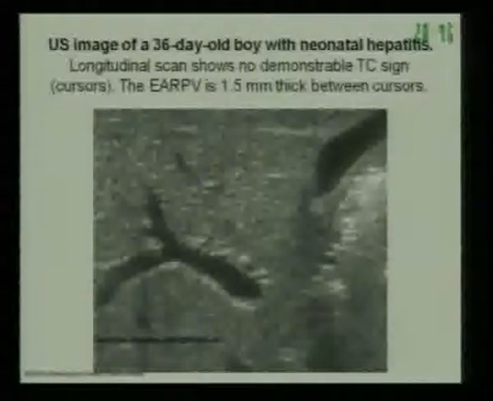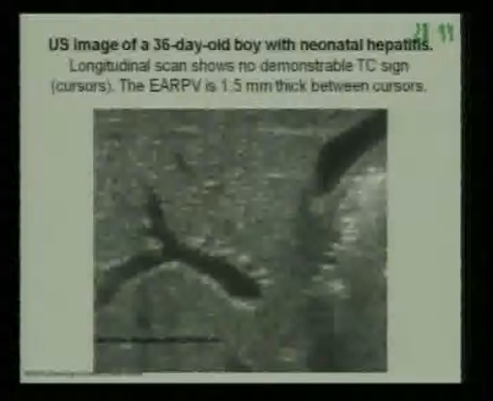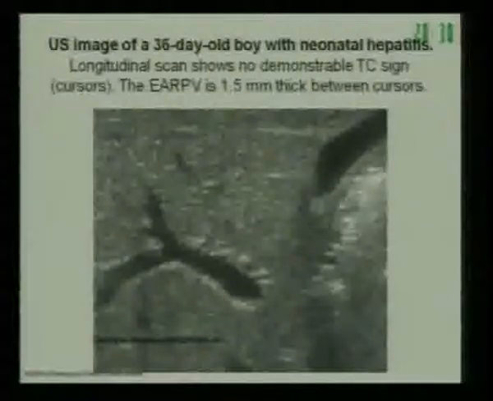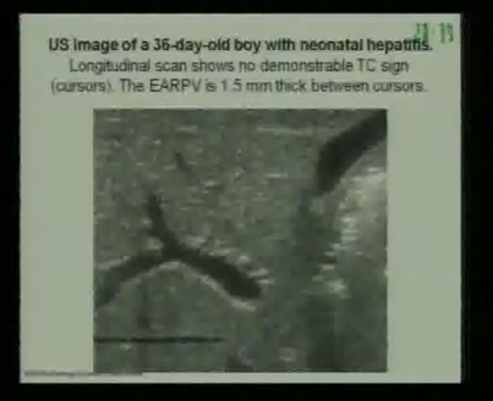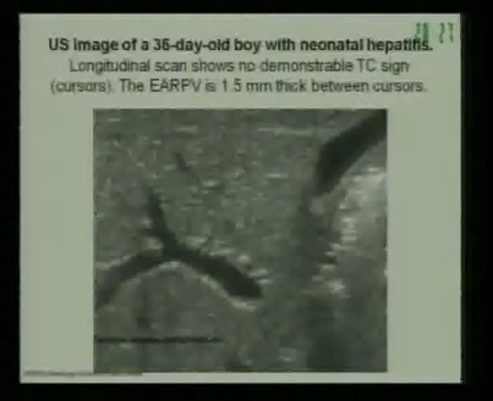That is important. We should look for it. Now, this ultrasound image of a 36-day-old boy shows the triangular cord sign. If you see the extrahepatic biliary radicals, they go towards the porta and branch out and form a cone. Now, some take that fibrosis as the sign.